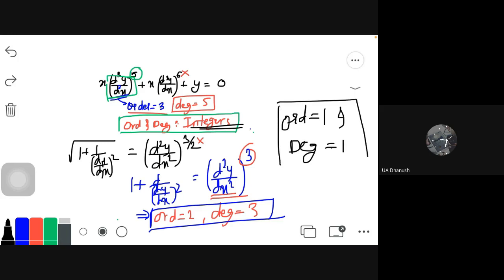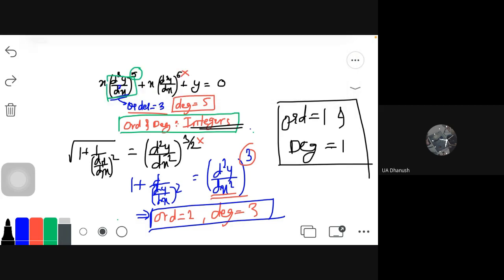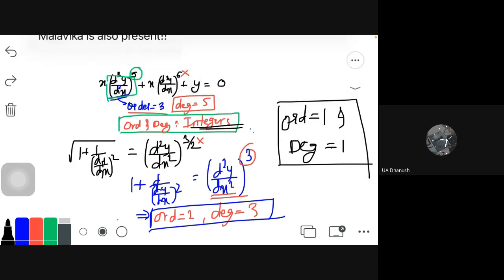The numericals which you have to solve generally are of order 1 and degree 1, where you have to find out the solutions of the equations. Single degree, single order, first order, single degree equations only you have in your syllabus.